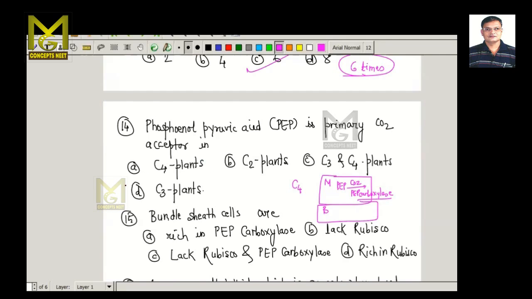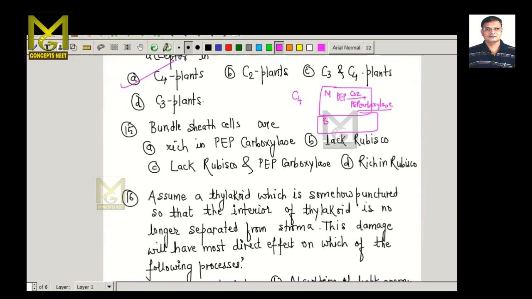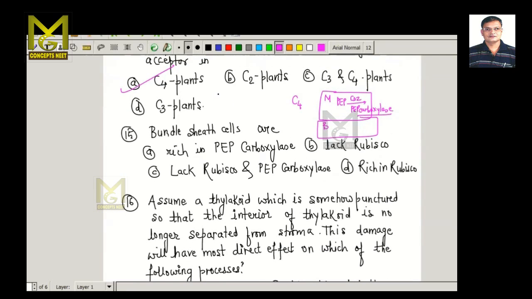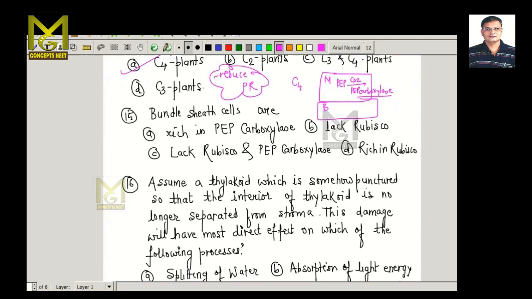This is the characteristic feature of C4 plants, which reduces the possibility of photorespiration. A very important point to remember. The bundle sheath cells do not have PEP carboxylase. Instead, they have rubisco. They are rich in rubisco, and therefore the C3 cycle takes place in them. So the correct answer in this case is D.